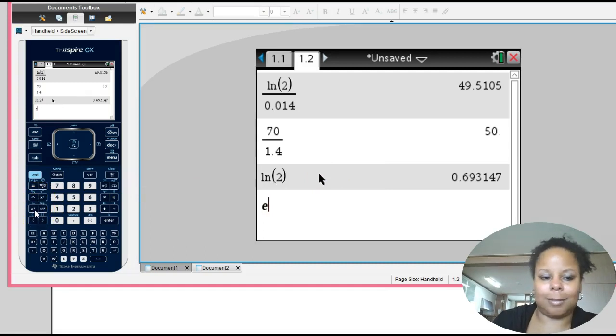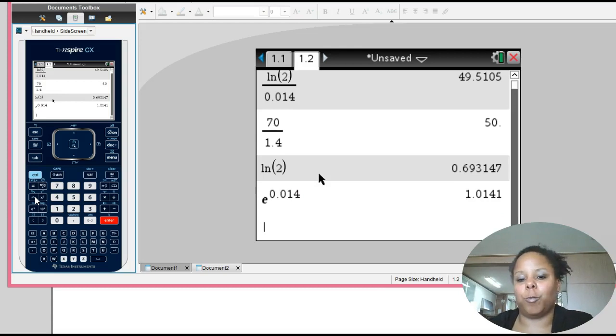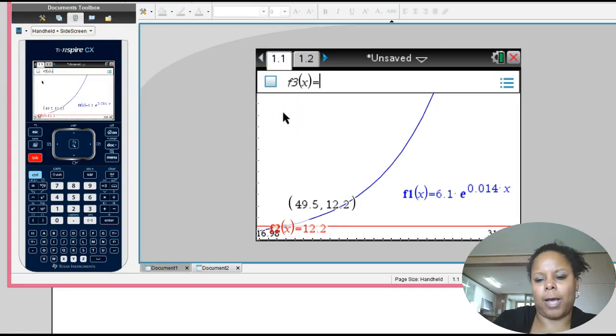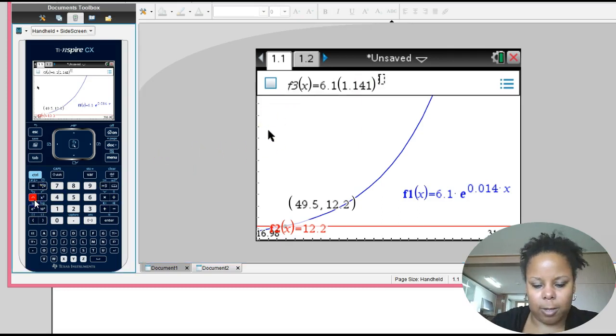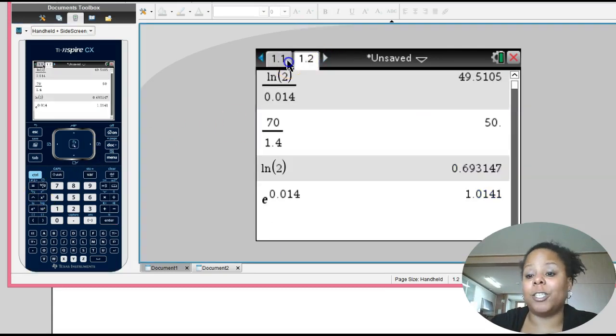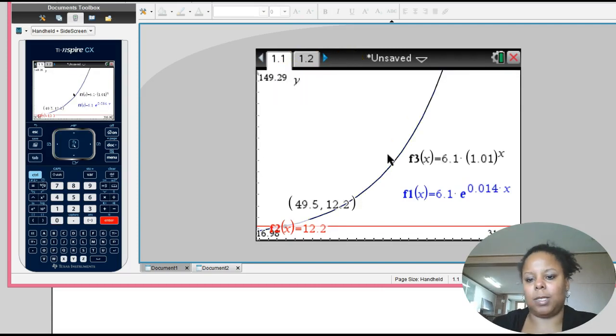And I get 1.0141, which is okay because when I go over here and graph the function y = 6.1 times 1.0141 raised to the x power, I get the exact same expression. Okay. All right, that's it.